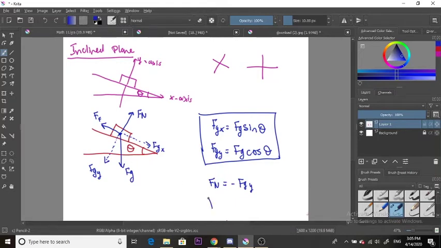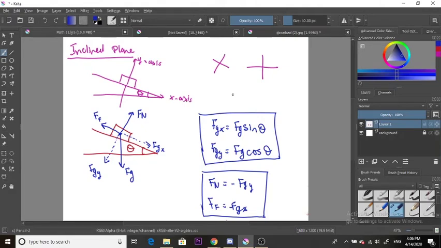The friction force, now this could be static or kinetic friction, it depends on the situation, whether it's moving or not. This is going to be equal, but opposite to our FGX. So these are our new formulas for finding friction and the normal force on an inclined plane.